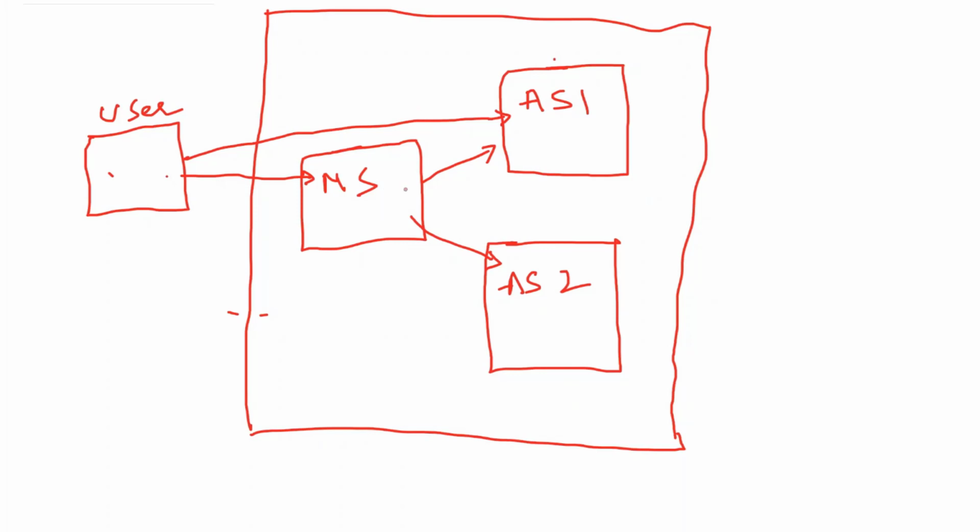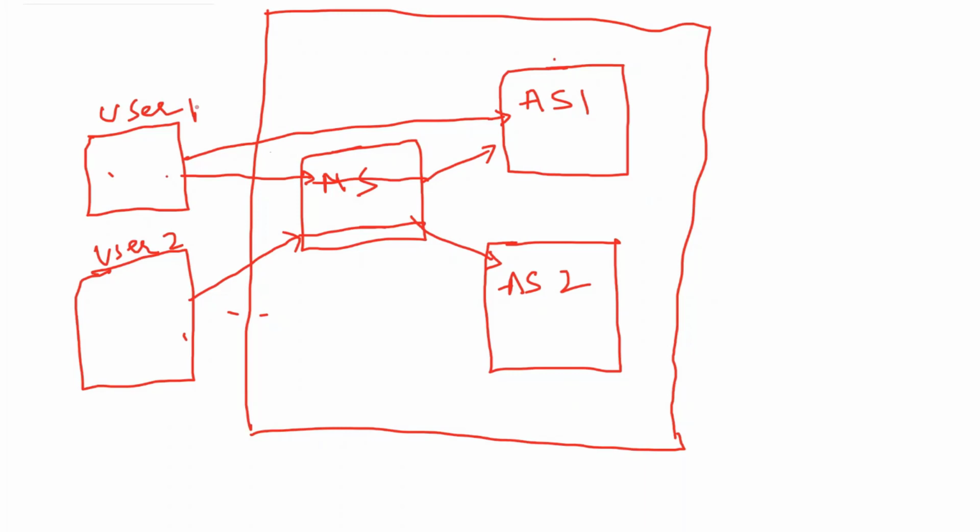The second important purpose is, let's say one user is connected to application server 1, and there is one more user, user 2, who is connected to application server 2. Now let's say user 1 has opened one document for editing in application server 1.